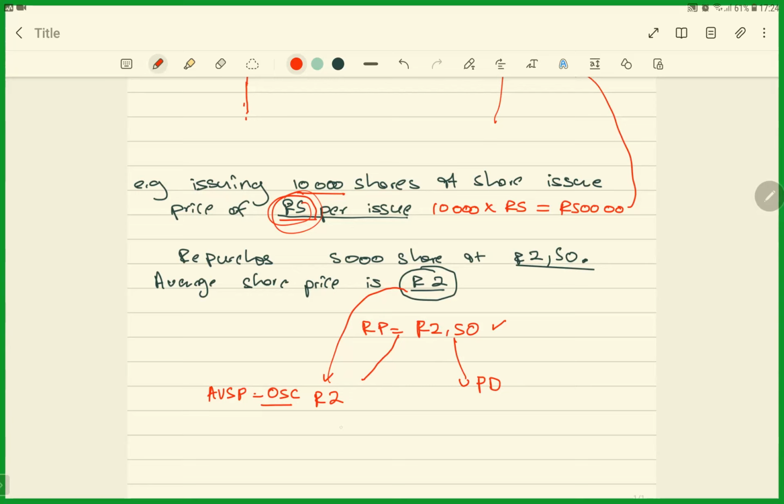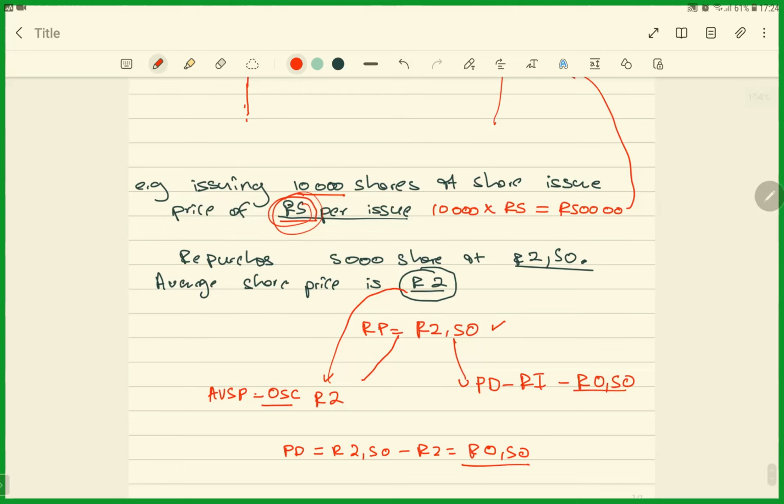To find the price difference, PD, you take the R2.50 and subtract the R2, which gives 50 cents. To finance this 50 cents, we are going to take it from the retained income. Using this structure, you will have an idea of which amount you are going to use to pay for this share.